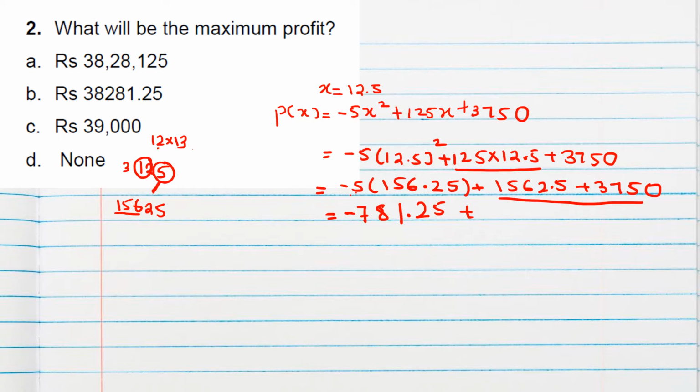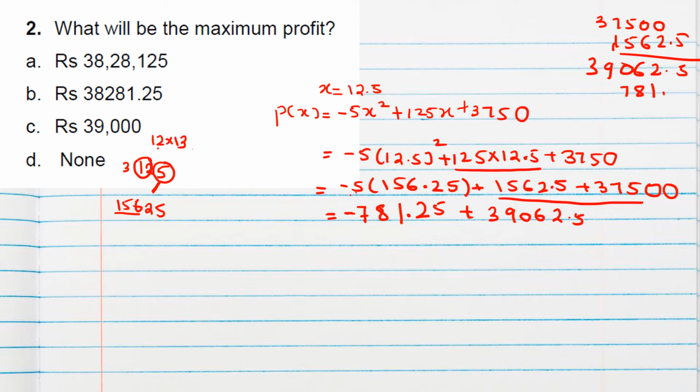This is actually 37500. So if we add 37500 and 1562.5, we will get 39062.5. And if we subtract 781.25, here it will be 25 and here it will be 8 and then 283. Okay, this number we will get, which is in option B. So B option is correct.